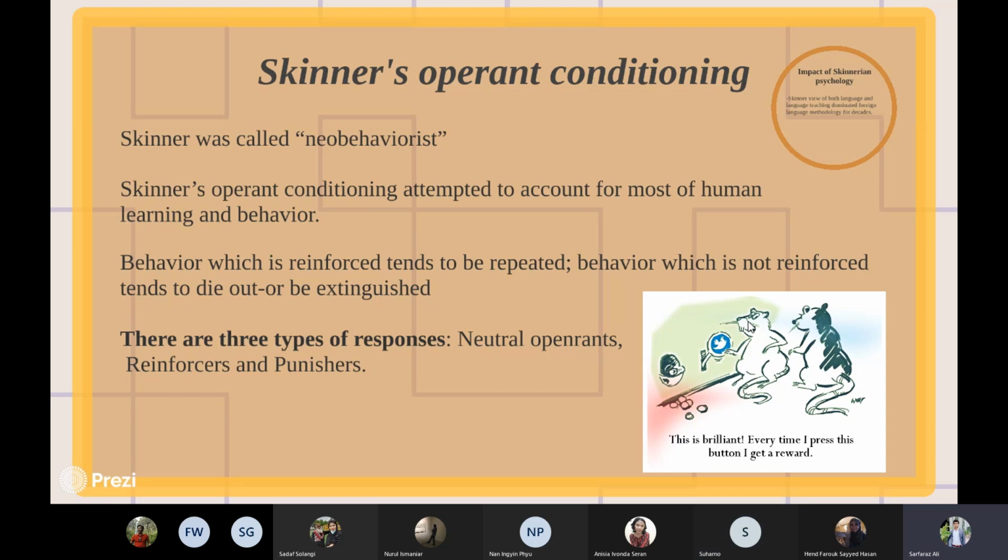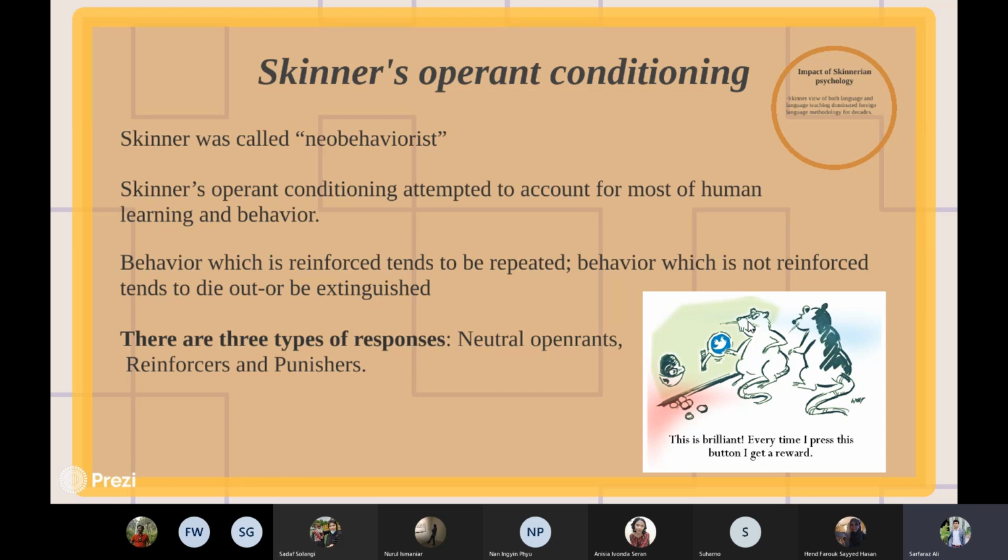Operant conditioning can be defined as behavior in which one operates in an environment, and where the stimulus is de-emphasized, or not very compulsory.